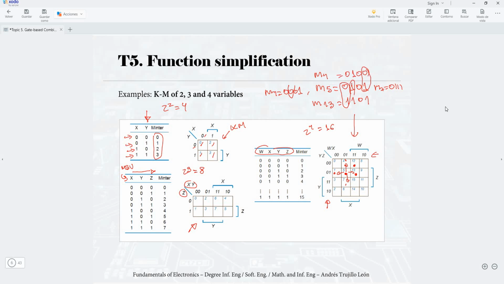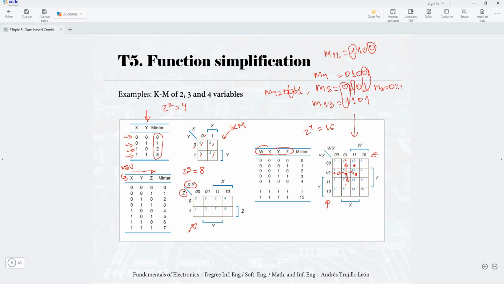It's like this. Now the distance is 2. We have this bit different and this bit different from minterm 5. So we can check that in this case, in the Karnaugh map, cells that are adjacent in the map are also adjacent from the Boolean algebra point of view.